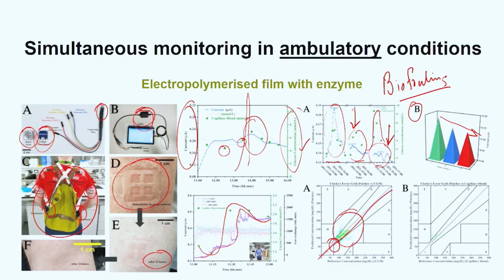So in zones A and B, if you're not along this straight line but still in zone A or B, you can get away with it, right? And if you look at it, you see the sensor region gets wider at higher concentrations and narrower as you go towards this low concentration region. That explains, as we spoke about, hypoglycemia. You don't want to miss predicting hypoglycemia because that can be really dangerous.